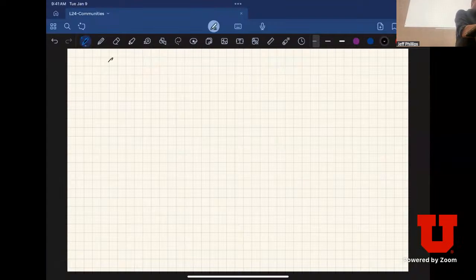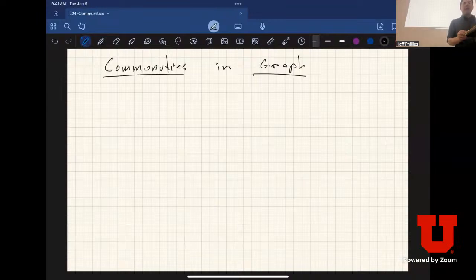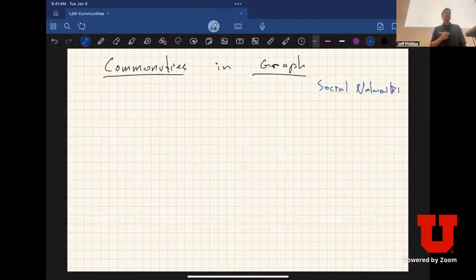Okay, we're talking today about communities in graphs, and this can mean a lot of things, and often the examples come from ideas of social networks. Okay, and I mean this in a fairly general sense.